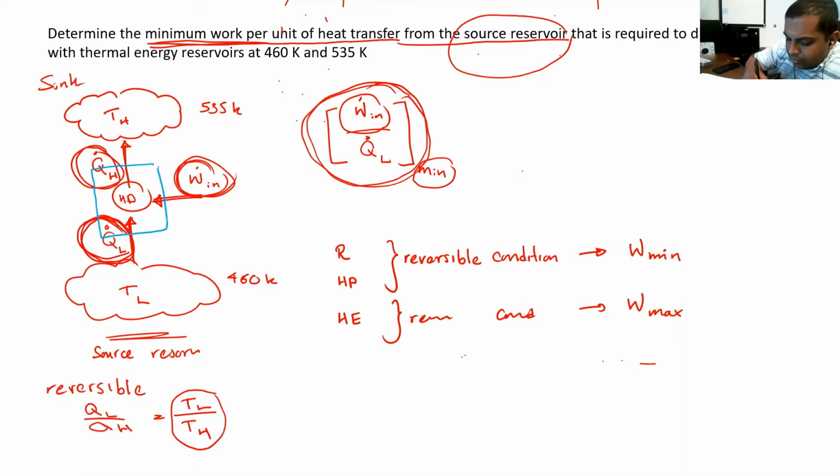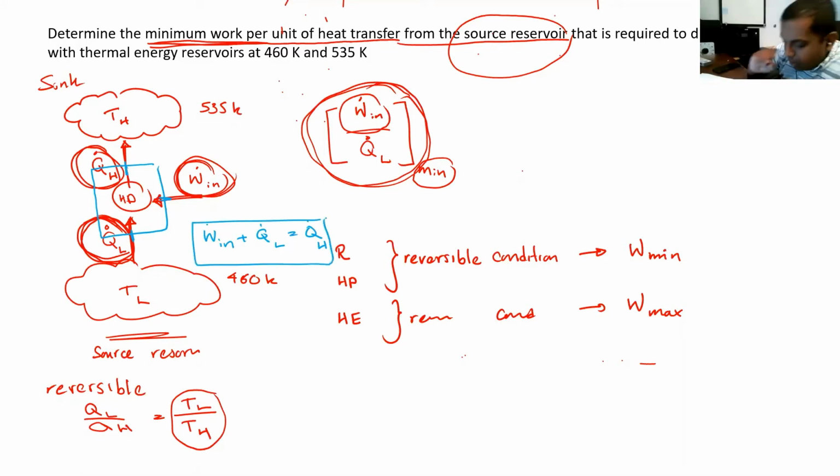You can see that there are three streams, and you can write an energy balance. In this case, you can write W dot in plus Q dot L equals Q dot H. Okay, so that is your energy balance.